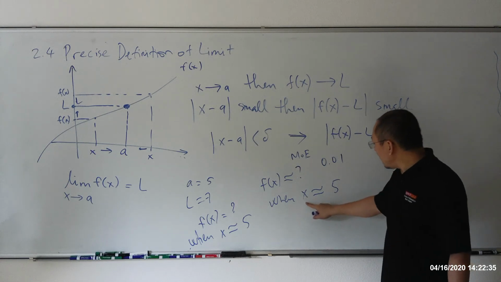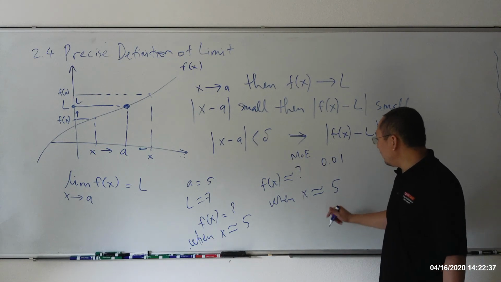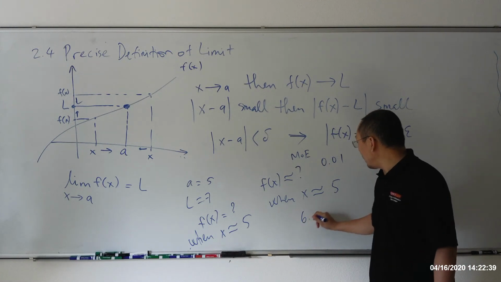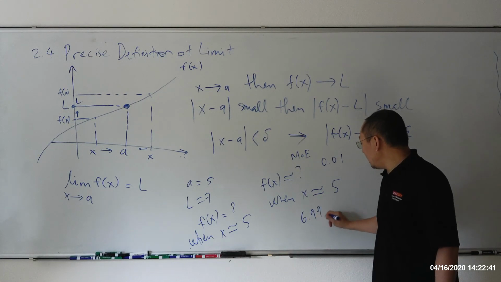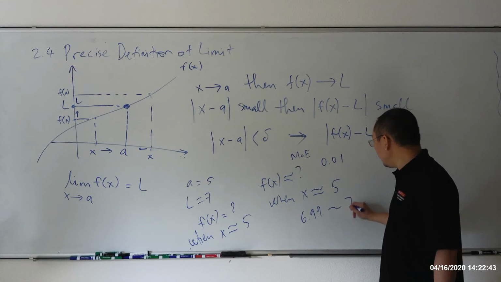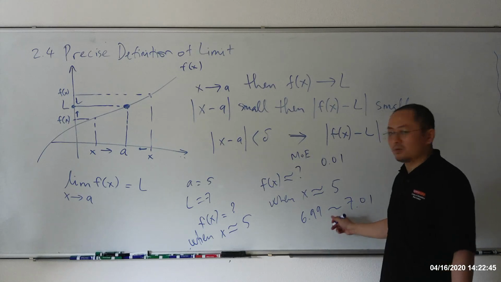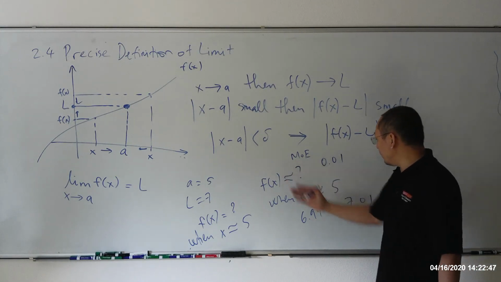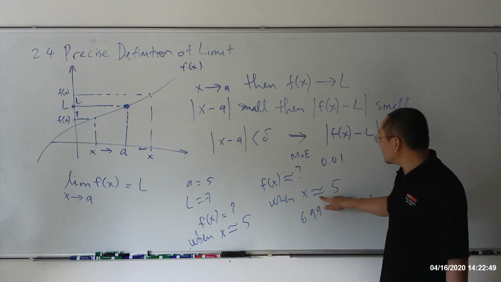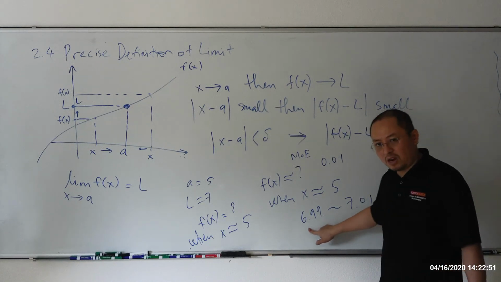It means when x is close to 5, f of x is somewhere between 6.99 and 7.01. I still don't know the exact value of f of x, but I know that when x is close to 5, f of x is around there.